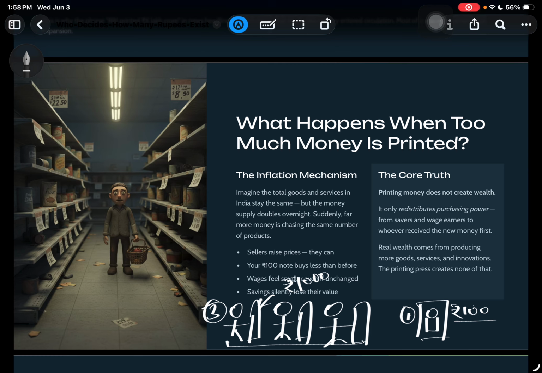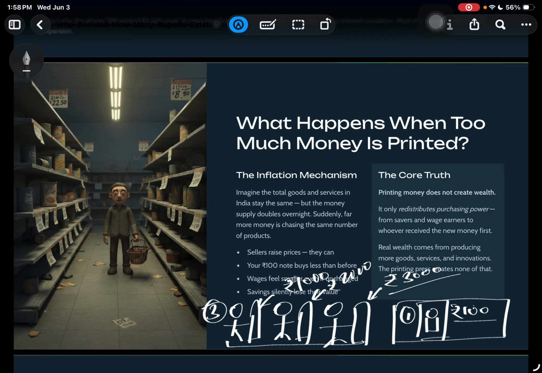He doesn't have to earn it. This person is saying, if he's giving 1,000, I'm ready to give 2,000. He doesn't care because he's printing his own money. He is willing to give 3,000, but the underlying value of that particular commodity still remains 100 rupees.